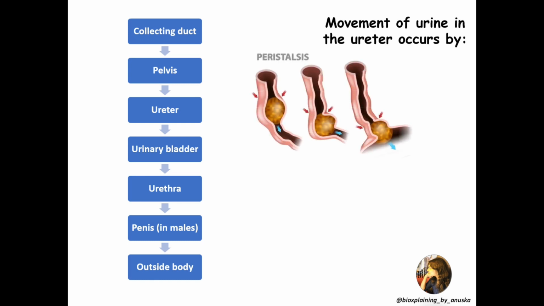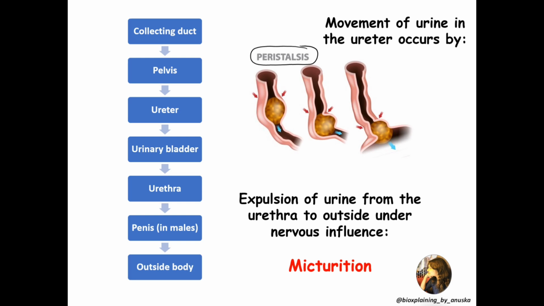One more thing to be noted here is the movement of urine in the ureter occurs by a special process that we call peristalsis. What is peristalsis? Peristalsis refers to the alternating movement of contraction and relaxation of the ureter. So the urine gradually passes from the kidney to the urinary bladder, right?